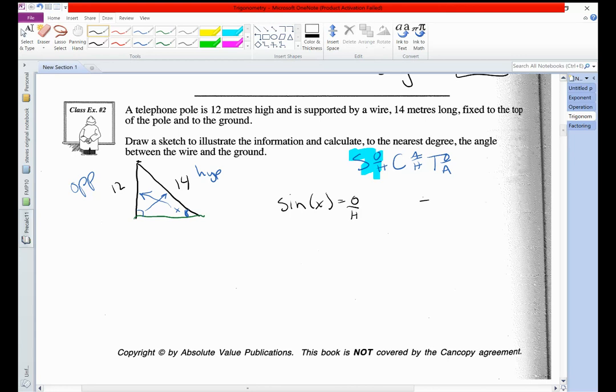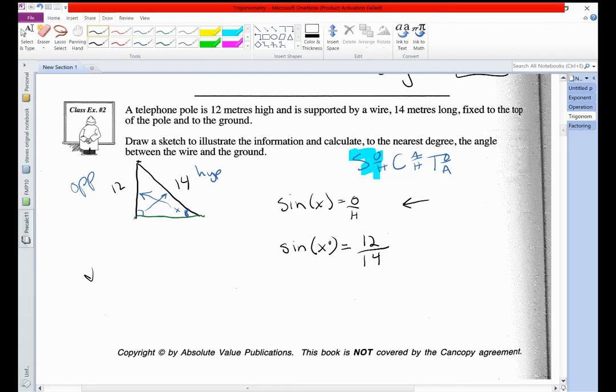And I always encourage people to actually write the formula out, because a lot of times the opposite and the hypotenuse will get switched, and your calculation isn't going to work out. So we write out the general form of the equation and then fill in the values that you know. So we have sine of, well, we don't know X, so we'll leave it. X degrees is equal to, our opposite is 12 over the hypotenuse, which is 14.